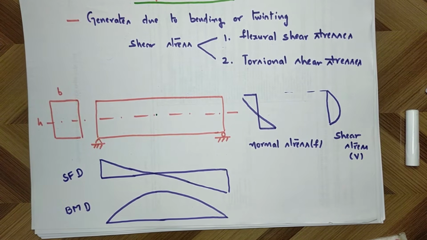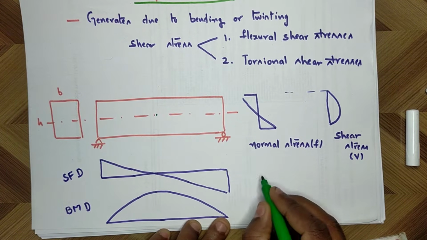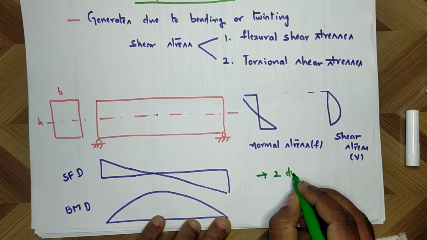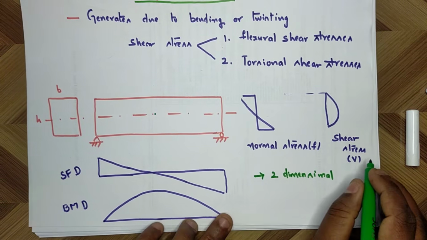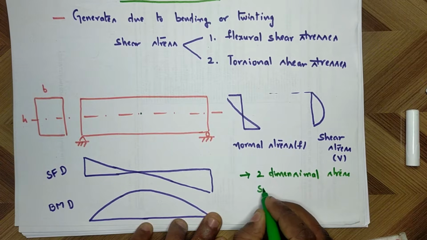The combination of normal and shear stresses generates a two-dimensional stress field at a point. These forces will develop a two-dimensional stress system at a point.